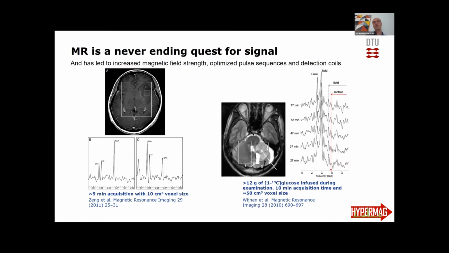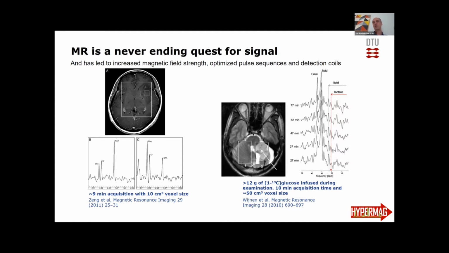And if we infuse tracers or contrast agents, metabolic substrates, and try to follow their fate in the body, then we really struggle with signal to noise. As you can see from the example on the right, after infusion of very large quantities of C13 enriched glucose, we can get almost no spatial resolution, but just a spectrum from the entire brain, or a very large part of the brain.